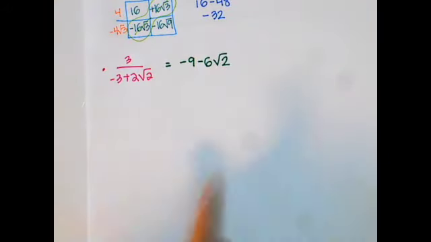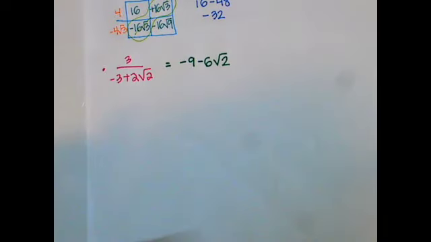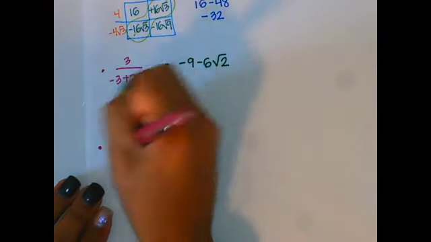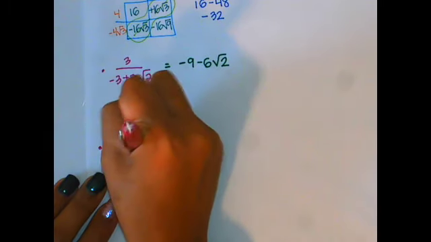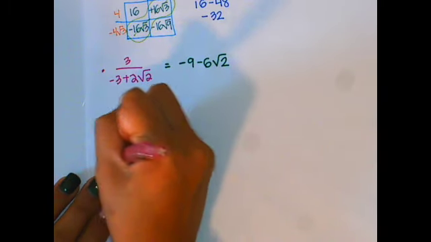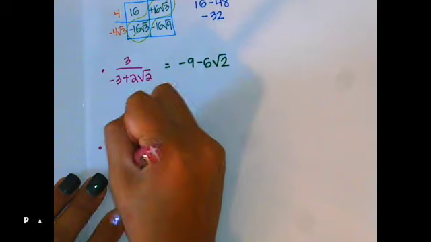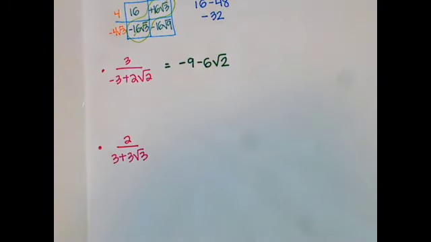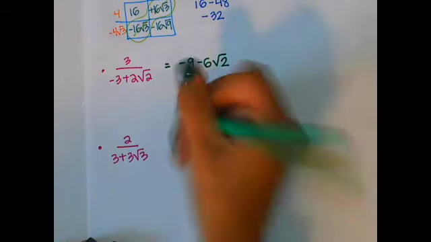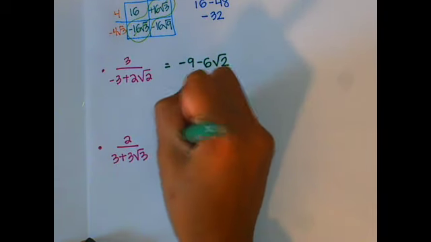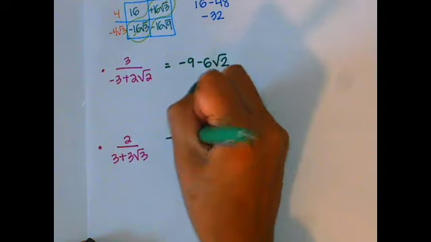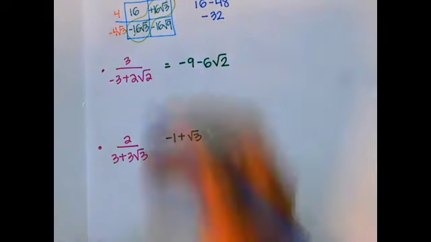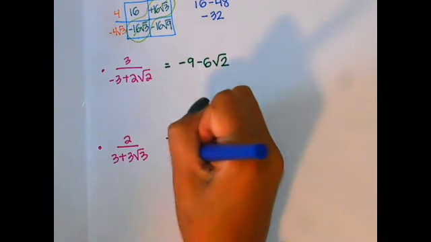If you did not get that, you could rewind and watch the last 2 examples. The last example I will give you today is going to be 2 over 3 plus 3 radical 3. And that would give you negative 1 plus radical 3 over 3.